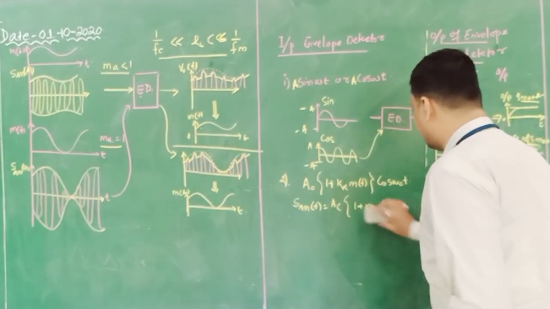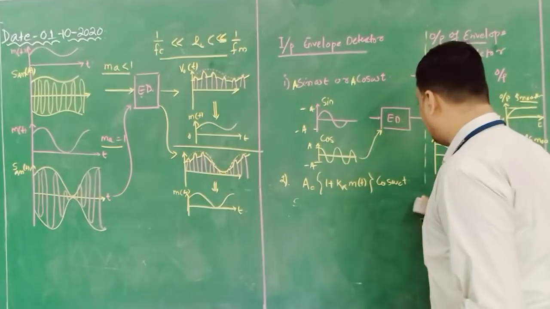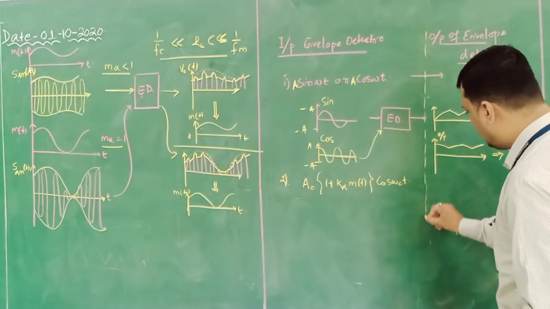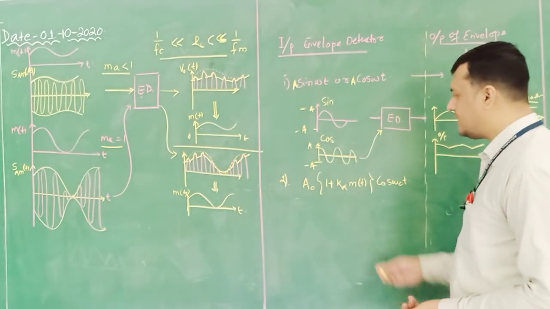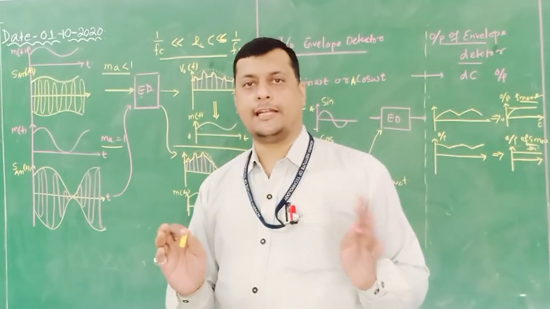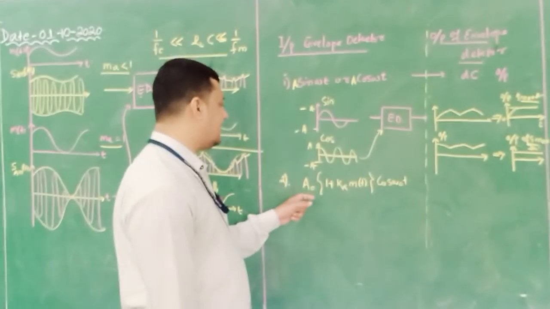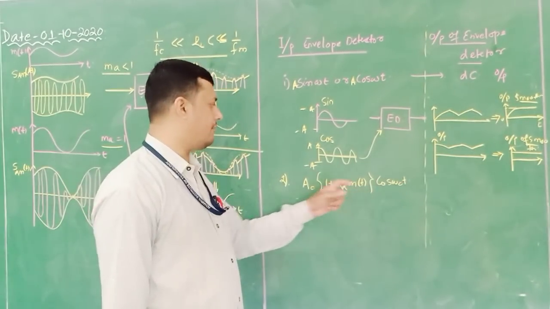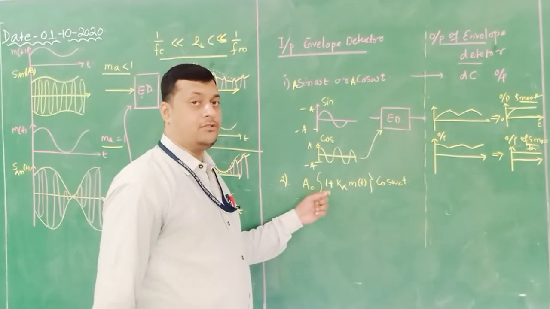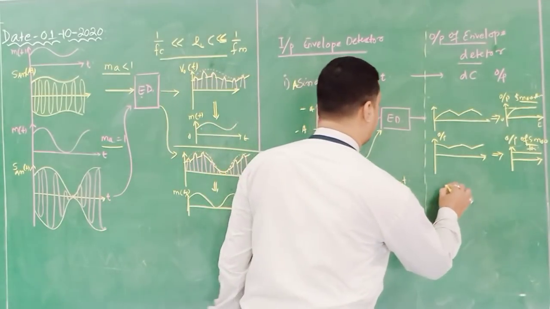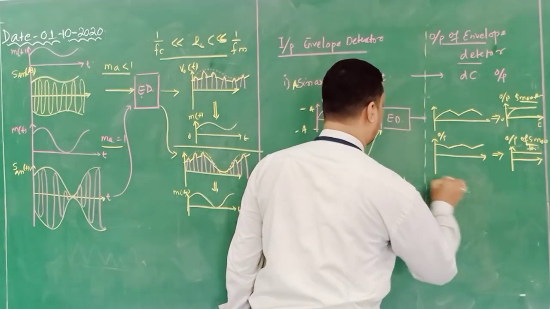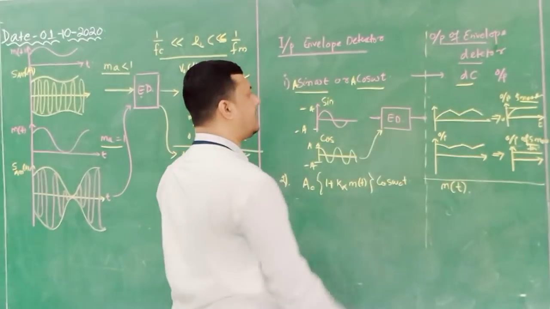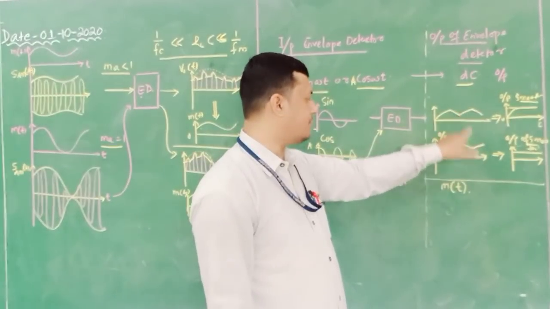Only the magnitude part. Let us consider this is my AM signal and the output is available with respect to the modulating signal. So the modulating signal here is Ac into Ka into m(t). So if the amplitude modulated signal is provided, my output is the modulating signal. If the input is a sinusoidal or cosine signal, the output is DC, as I have shown.